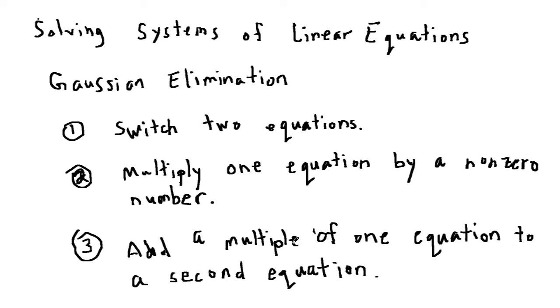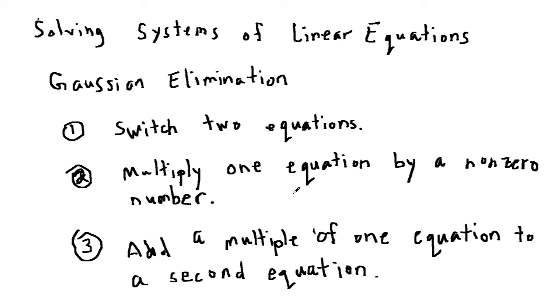Okay, so these three things you can do. That's called Gaussian elimination, and you can do any of those in any order and however many times you want to do it.